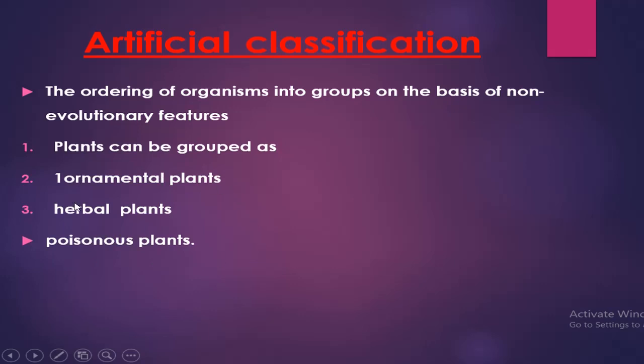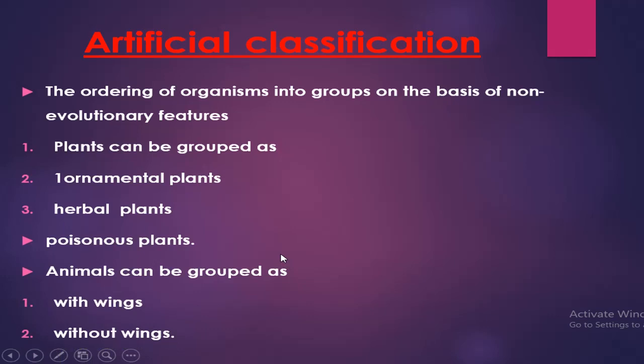Those are the plants classified using artificial classification. Then animals can be grouped as with wings and without wings. Those are the different groups of animals classified by the artificial method.